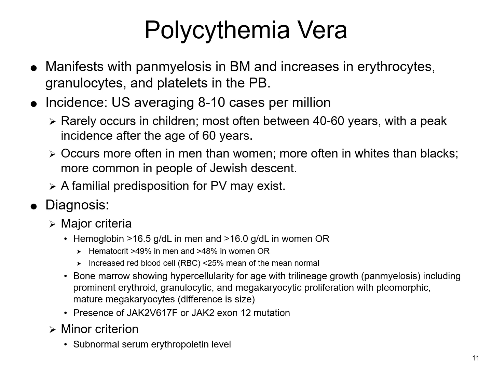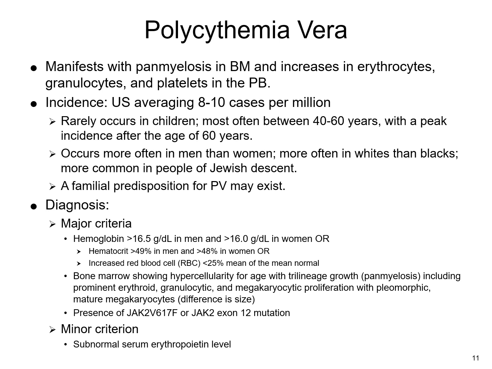Now, diagnosis is based off of major and minor criteria. Within your major criteria, you're looking for predominantly a hemoglobin that's greater than 16.5 in men and 16.0 in women, or a hematocrit that's greater than 49% in men, 48% in women, or you can also see an increase of the red blood cell mass that's greater than 25% of the normal mean of normal populations.